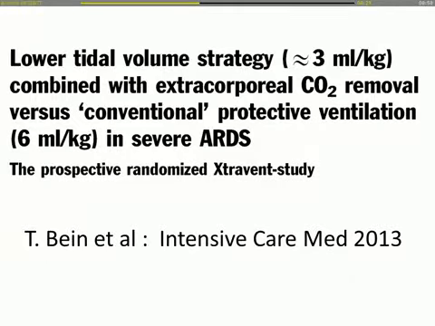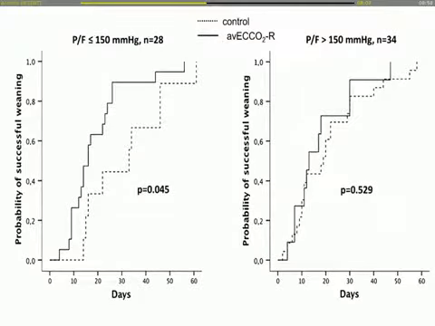This is another 4 to 5 years later. Thomas Bein from Regensburg published his first clinical trial. This is an outcome trial. The primary endpoint was not reached, but ventilating 3 milliliters per kilo versus 6 milliliters per kilo, he could show that patients with the lowest PF ratio could be weaned earlier than patients ventilated at 6 milliliters per kilo.